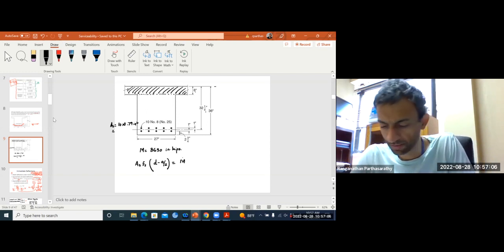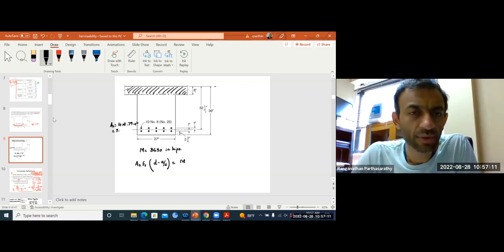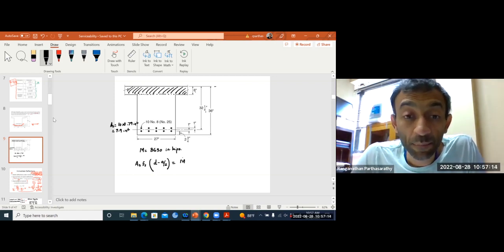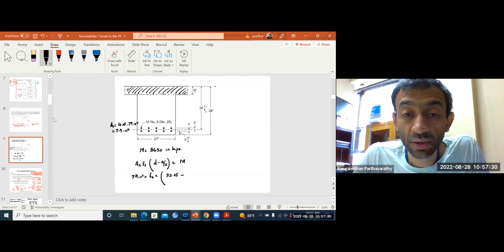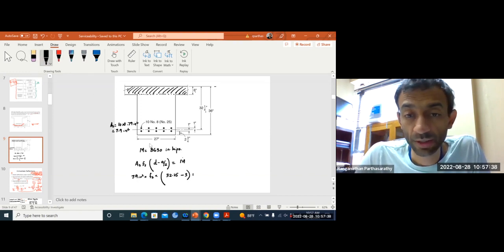So that is 7.9 square inch times Fs, that is the steel stress at serviceability loads, times d which is 32¼ minus a/2 which is 3, in inches. This is 8,630 inch-kips.